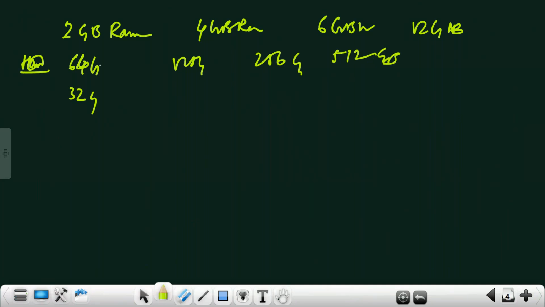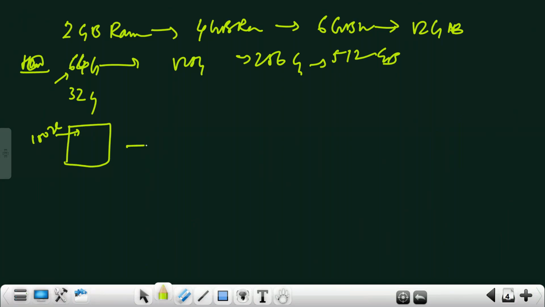What does this mean? What is the difference between these GB? It means the transistor count is different, right? If you want to design a memory of 64 GB, you will require fewer transistors, let's say for example 100x.